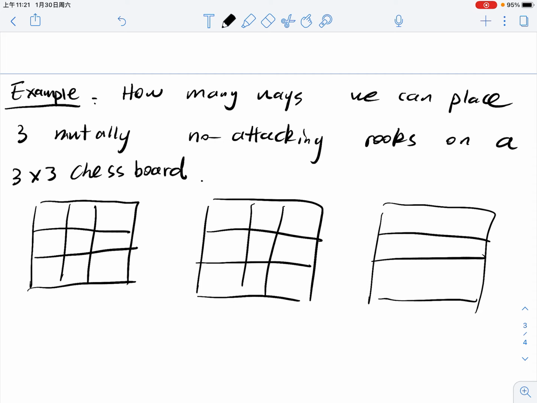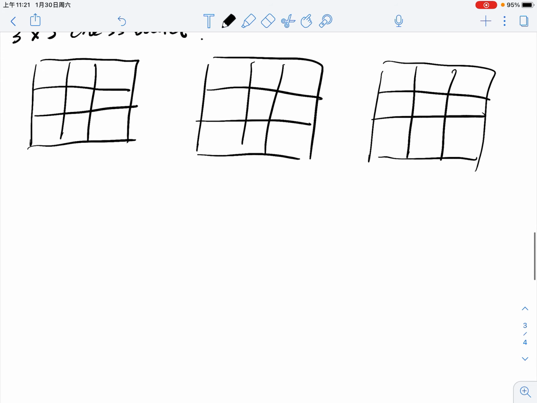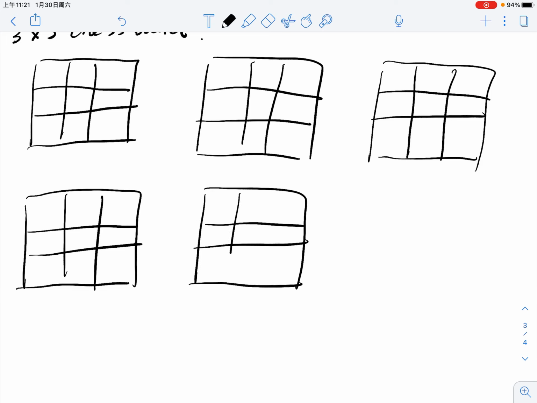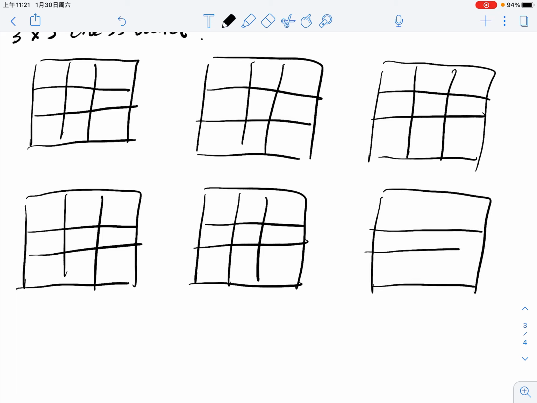In combinatorics, it's also very important that you can enumerate for small numbers. That's how you find the patterns.